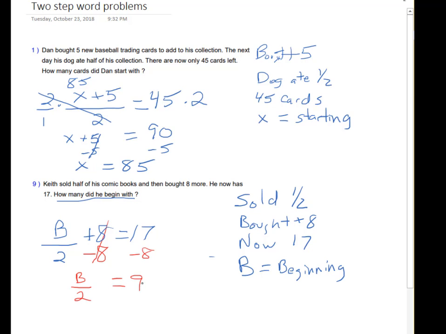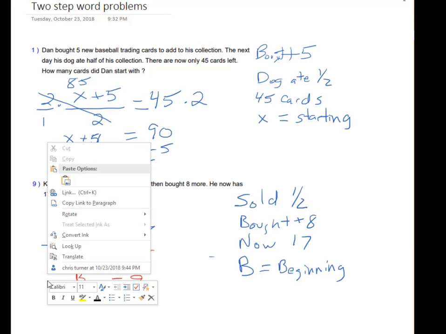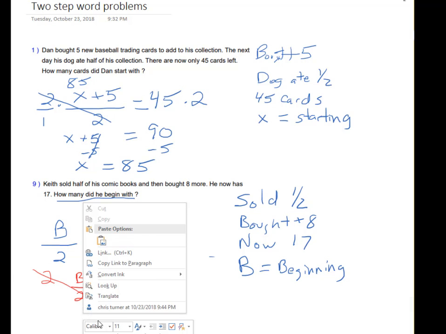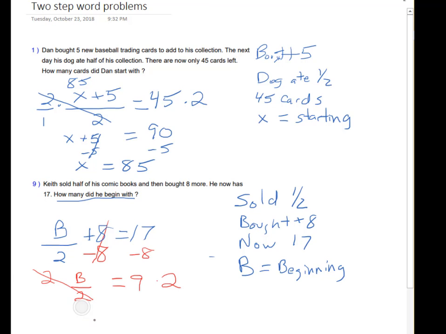Okay, so now I have b over 2. This is division, so we do the opposite. I'm going to multiply by 2. And then if I do it to one side, I have to do it to the other side. This will cross out and give me just b equals 9 times 2, which is 18.